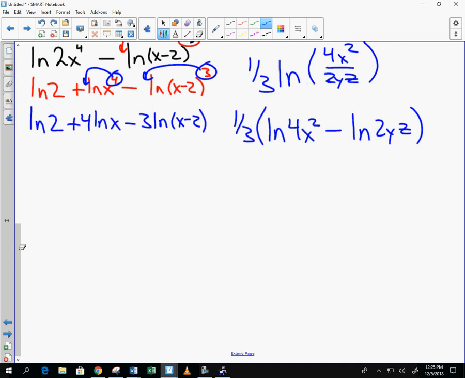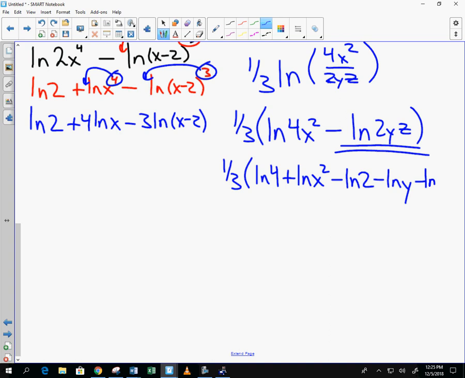I'm going to separate the natural log of 4x squared: 1/3 times the natural log of 4 plus the natural log of x squared. As I separate the 2 and the y and the z, I'm going to need to distribute that negative all the way through. Minus natural log of 2, minus natural log of y, minus natural log of z.